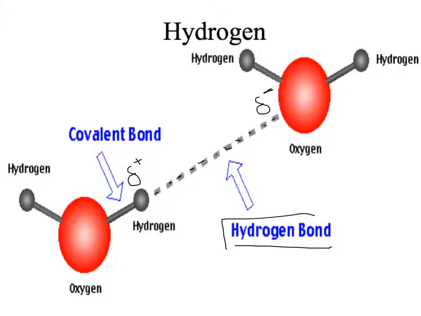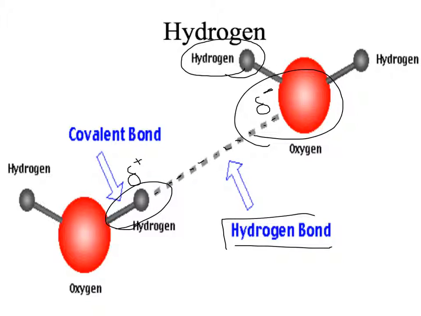It just exists between the hydrogen atom of one molecule and the oxygen atom of another molecule. And it's what we call an intermolecular force because it is between two separate molecules, and it forms an interaction between those two molecules.